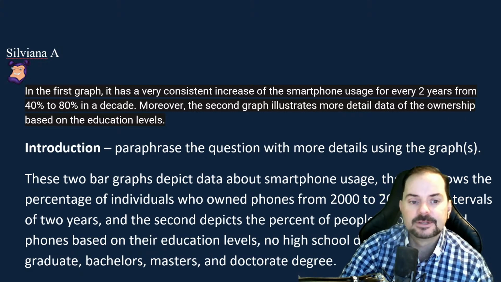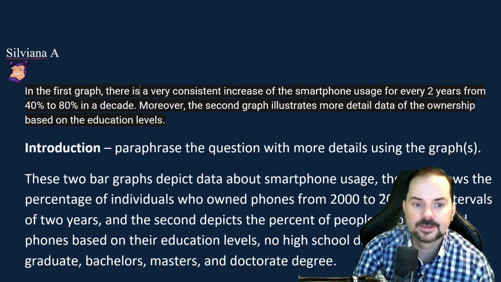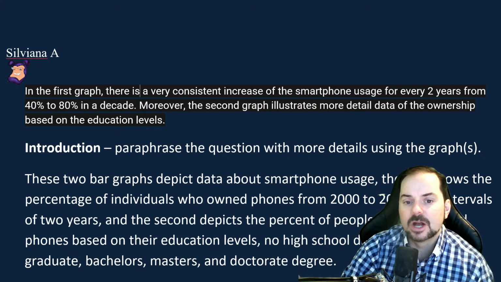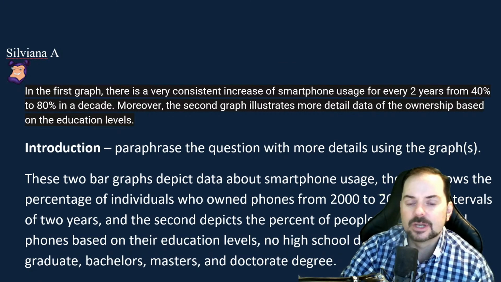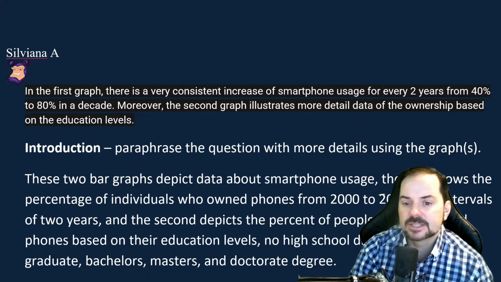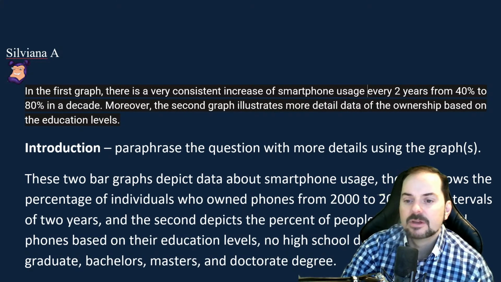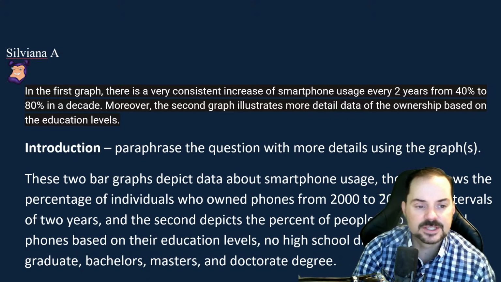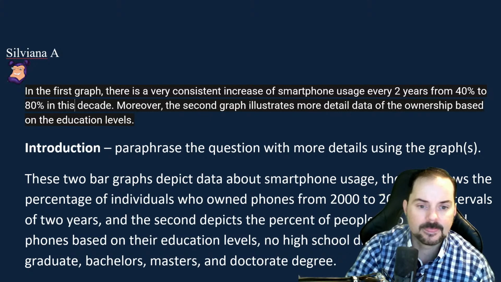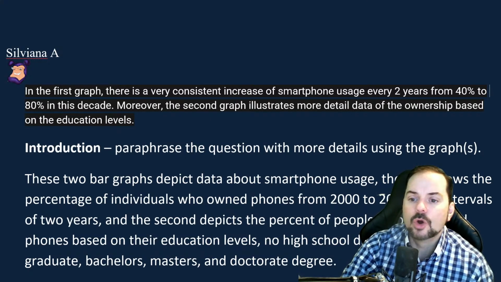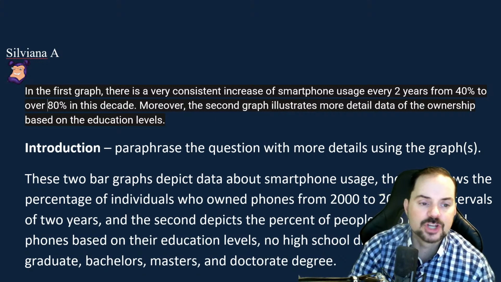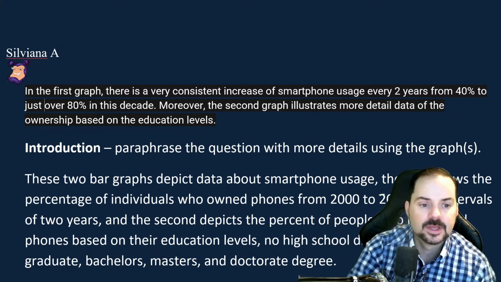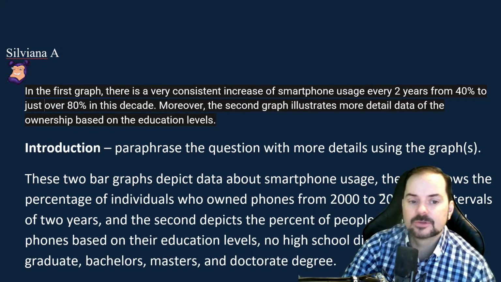In the first graph, there is a very consistent increase of smartphone usage every 2 years from 40 to 80% in this decade. From 40 to over, or just over 80%. So be accurate, okay?